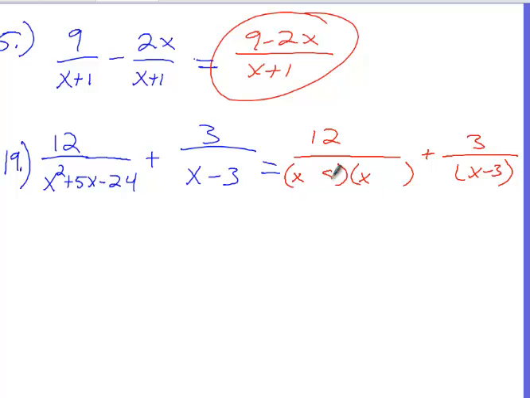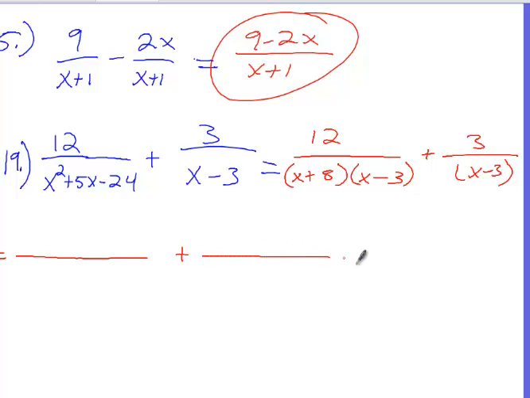Yeah. So you've got an 8 and a 3. Are the signs going to be the same or different? Different. And the bigger one is positive, so I have a plus and I have a minus. Everybody all right with that so far, you think? Yes? No? Maybe? Okay. So once we get into factored form, now we can start actually worrying about common denominators.